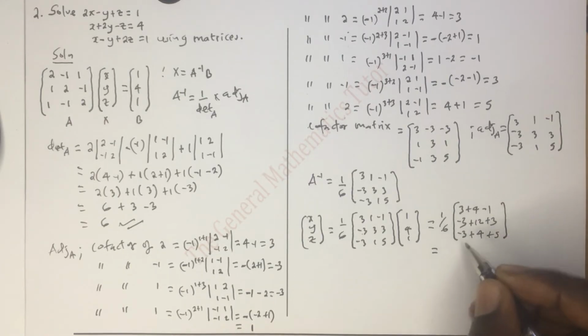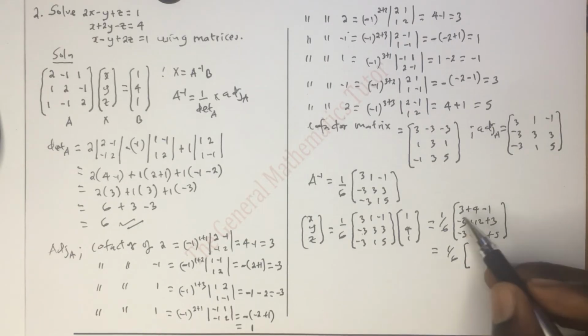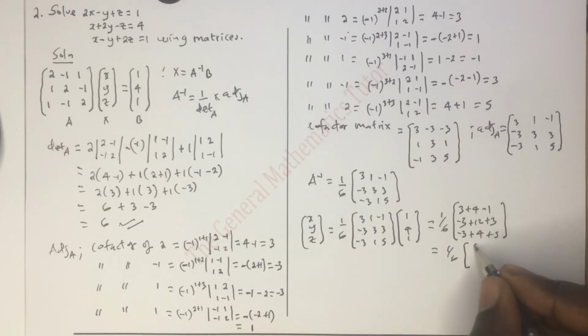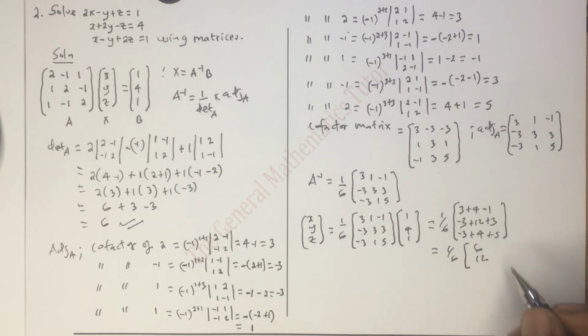So that will be 1 over 6. In the bracket we have 3 plus 4, that is 7, minus 1, that is 6. And then we have 12. Then here we have 6 again. So if we multiply by 1 over 6, 1 over 6 times 6 will be 1. 1 over 6 times 12 will be 2.